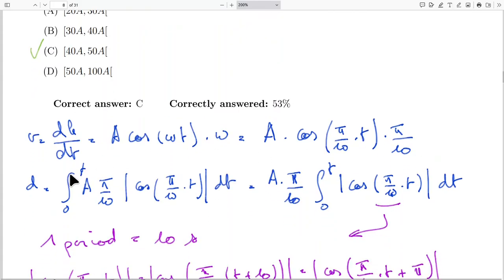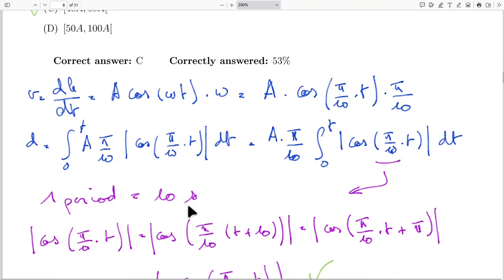And then the distance traveled is the integral from 0 to t of the speed, but we'll have to take the absolute value of the cosine, because if you don't do that, over one period this will turn out to be 0, which is obviously not the case. So we end up with a times π/10 times the integral from 0 to 10 of the absolute value of the cosine of π/10 t dt.